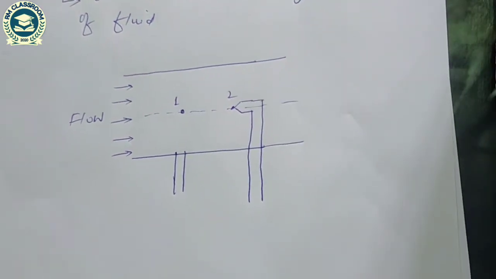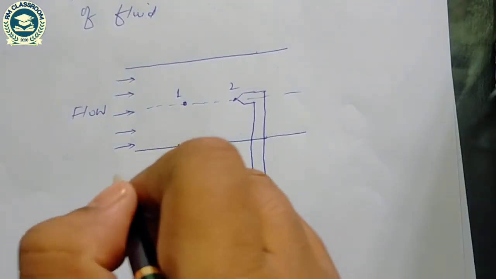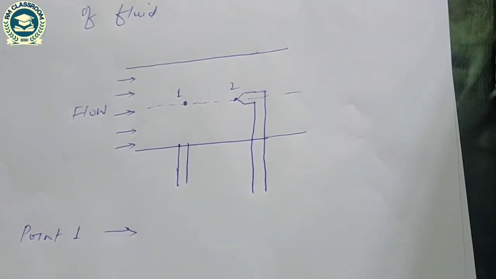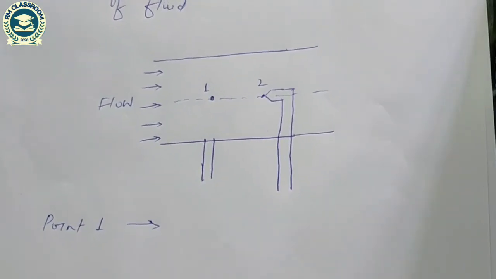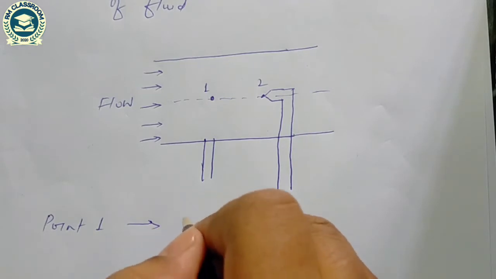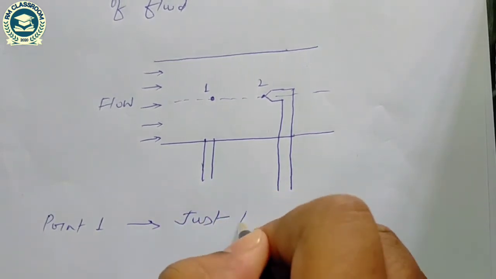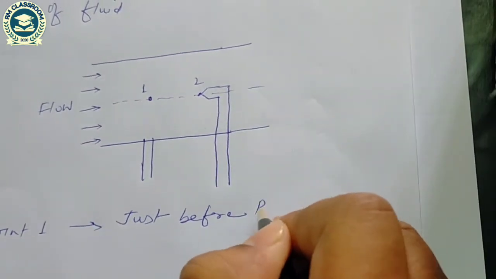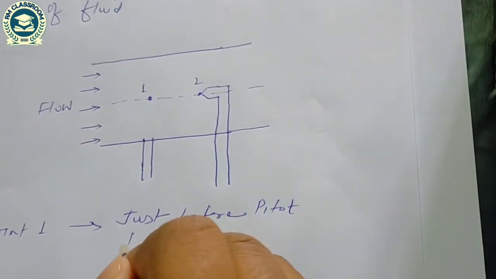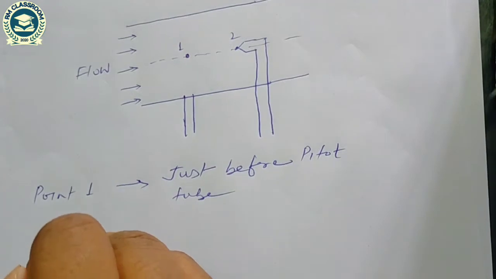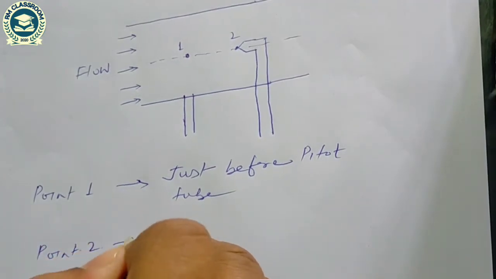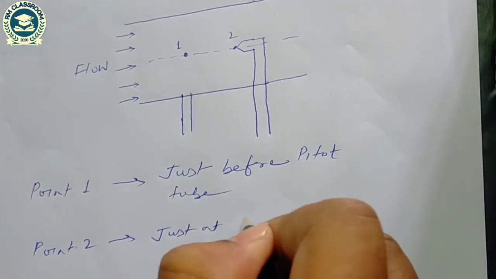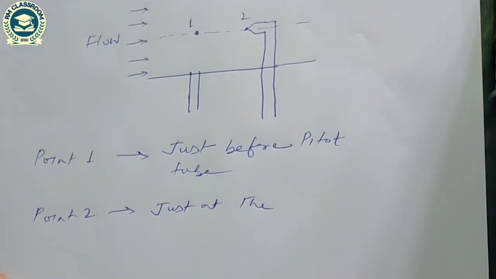So this is our pitot tube. Point 1 is just before the pitot tube, and point 2 is just at the pitot tube.